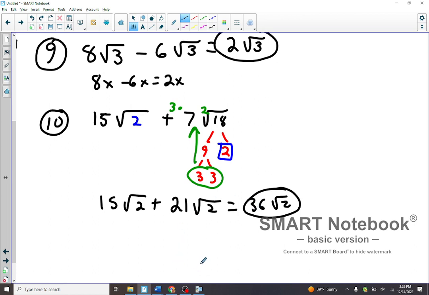Wait, what do you mean, like 3 of a kind for a cube? So let me give, let's call this 10b. Let's give it another version, okay? Let's do 3 cube root of 2 plus, they asked if it was a cube, so let me do this, 7 cube root of, you could do 80.